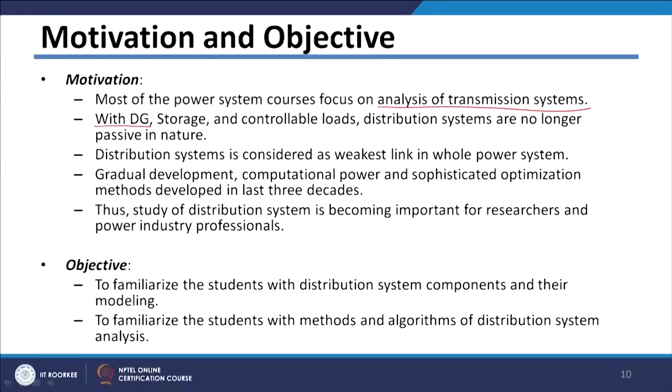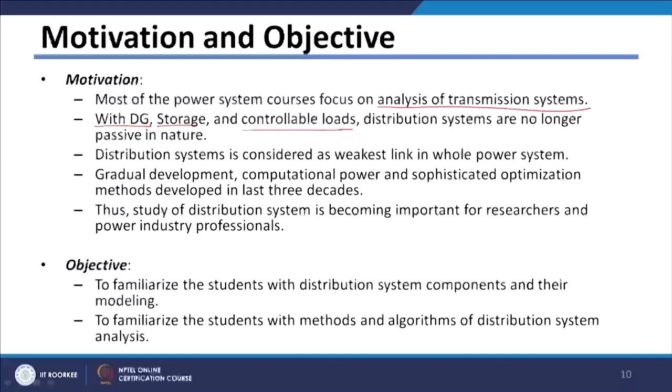We also know that nowadays with incorporation of distributed generation, battery storage, controllable load, distribution system is no longer remaining passive in nature, means distribution system is becoming active because of these energy generation sources or energy storage sources which are present in your distribution system.